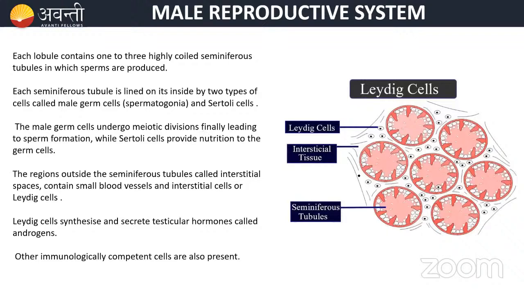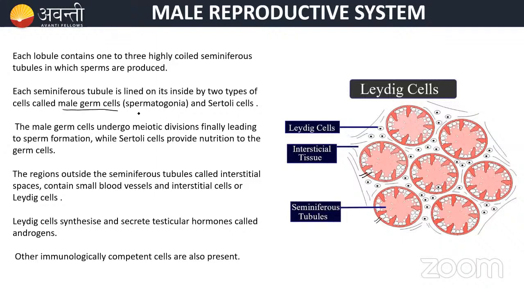You can see in the image, these are the seminiferous tubules. So in one testicular lobule, 1 to 3 seminiferous tubules are present, and the seminiferous tubule is the site where spermatogenesis takes place. That means the production of sperm occurs in the seminiferous tubules of the testis. In the seminiferous tubule, there are two types of cells present.